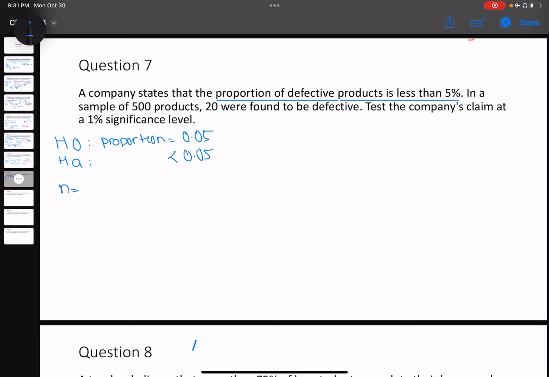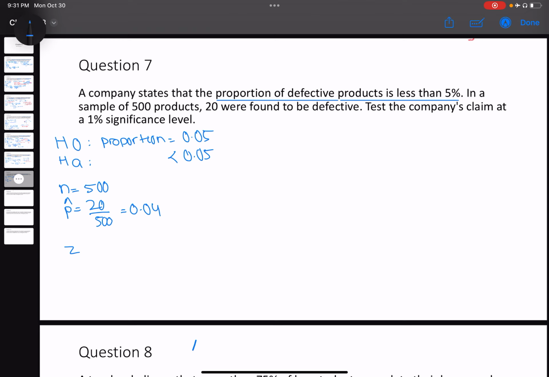For a sample of 500, 20 were found to be defective. So p hat equals 20 divided by 500, which equals 0.04.